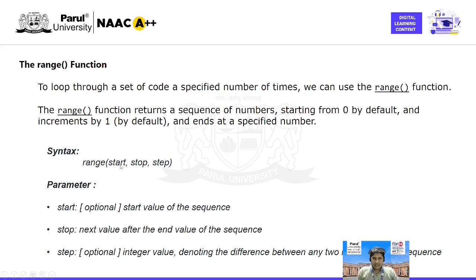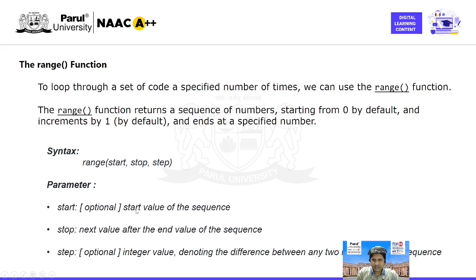Syntax: range. Start means the initial value for the loop. Stop means the last value of the loop. It means whenever we reach the stop value, the loop will be terminated. And step is the increment or decrement, as we already discussed.